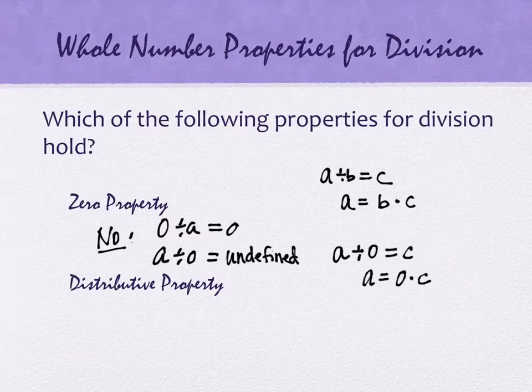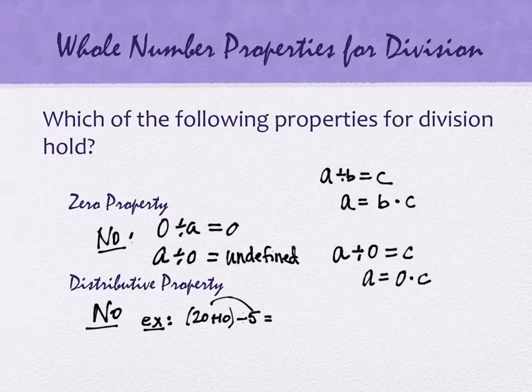So the distributive property, what do you think? No, we're on a no track, right? It's definitely not going to work. So let me show you again an example. If I had 20 plus 10 and I divide by 5, the question is, would this work if I distributed, right?